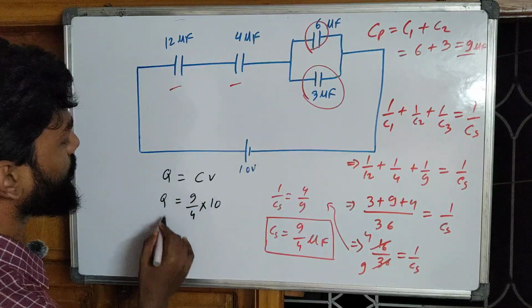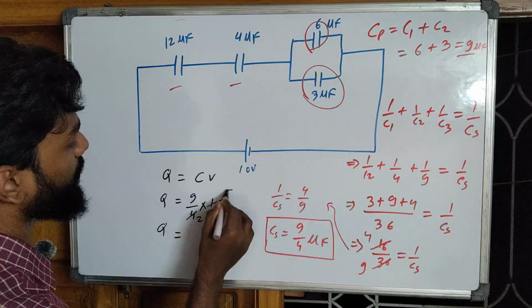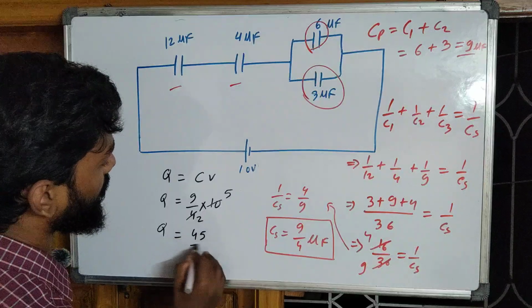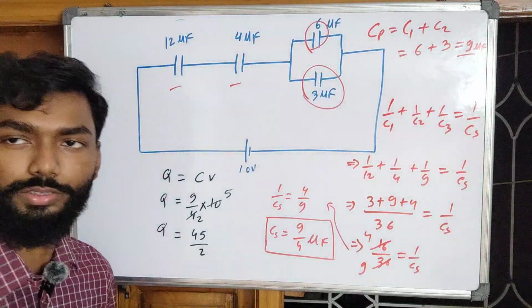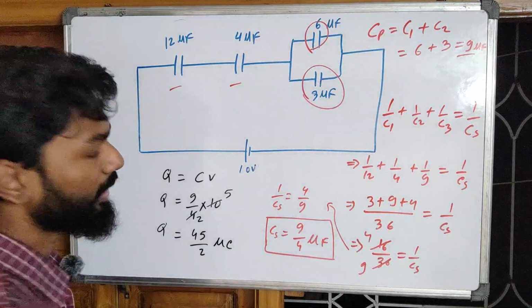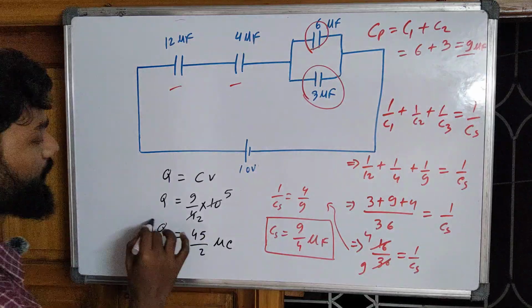Q equals to CV. 2 2s are 4, 2 5s are 10, 45 by 2. 45 by 2 is the answer. This was microfarad, so this will be microcoulomb.